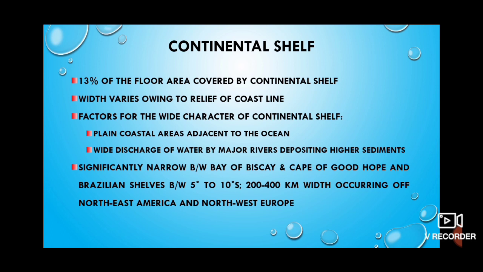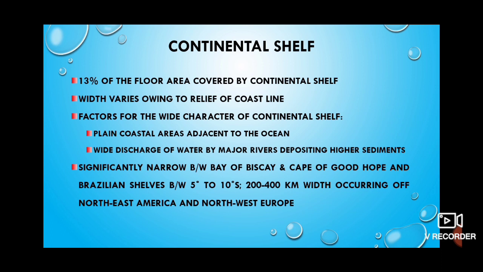The width of the continental shelf is largely controlled by the relief of the coastal lands, and it is significantly narrow where mountains and hills border the coast. You can find a significantly narrow shelf between the Bay of Biscay and the Cape of Good Hope in the Atlantic Ocean.